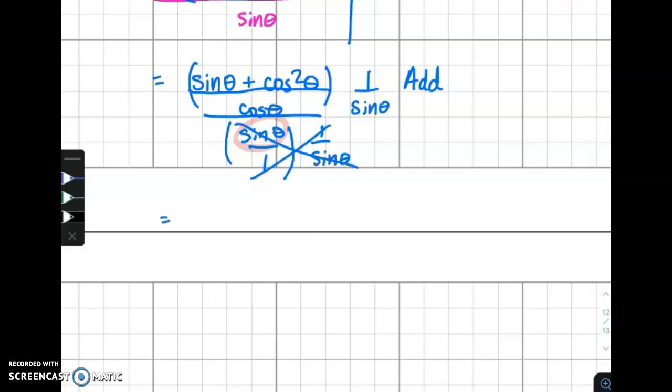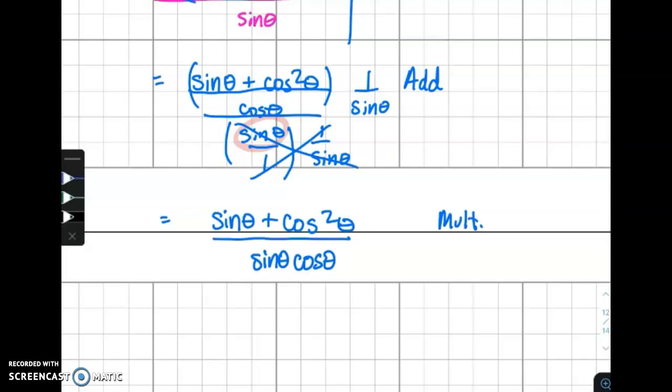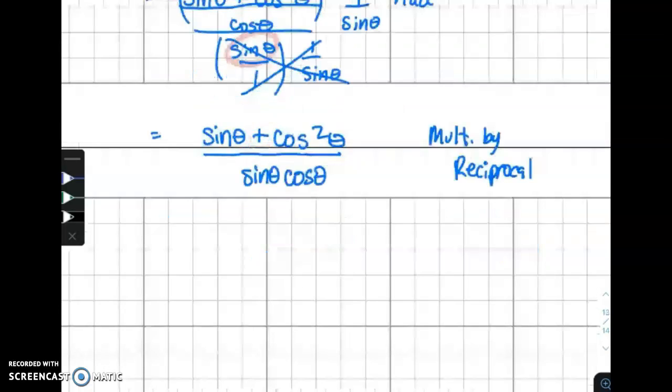That's going to give me sine theta plus cosine squared theta over sine times cosine. So I multiplied by a reciprocal to get that. I did not use a reciprocal property. I just multiplied by the reciprocal of the fraction.